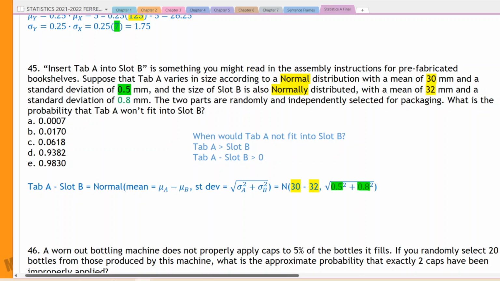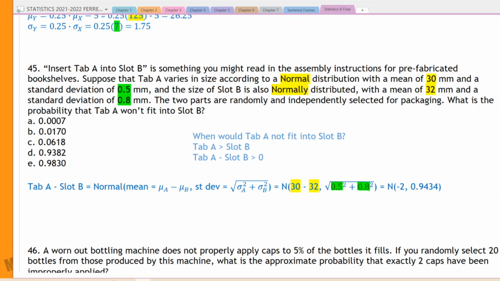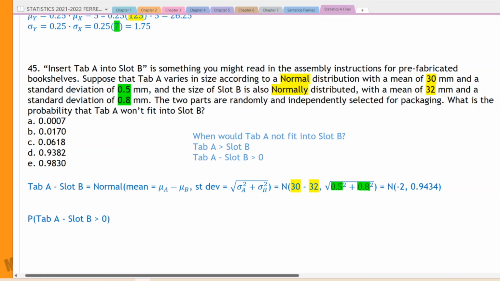Putting some numbers together, we get 30 minus 32 for the mean, and the square root of 0.25 squared plus 0.8 squared. So that's a normal distribution with a mean of -2 and a standard deviation of 0.9434. Since we want to know the probability that tab A minus slot B is greater than 0, we're going to have to normalize the number 0.